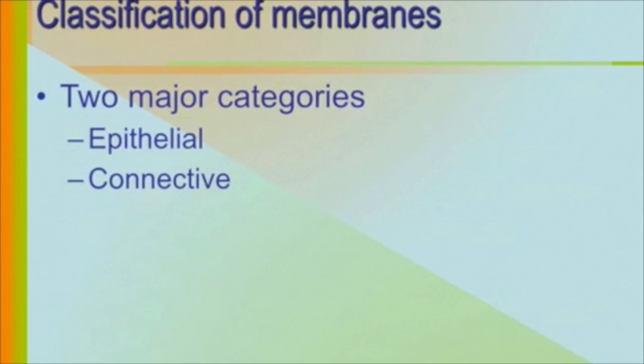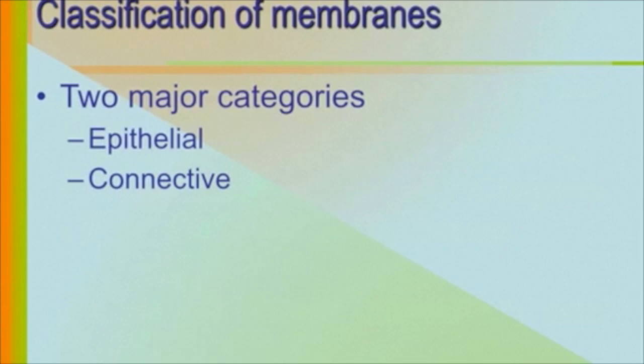These names, especially the name epithelial, can be somewhat misleading. Remember, in the last chapter we learned about epithelial tissue and connective tissue. Epithelial membranes are based on epithelial tissue. But remember, when we were learning about epithelial tissue, it always had a basement membrane in association with it, and that basement membrane was made of connective tissue.